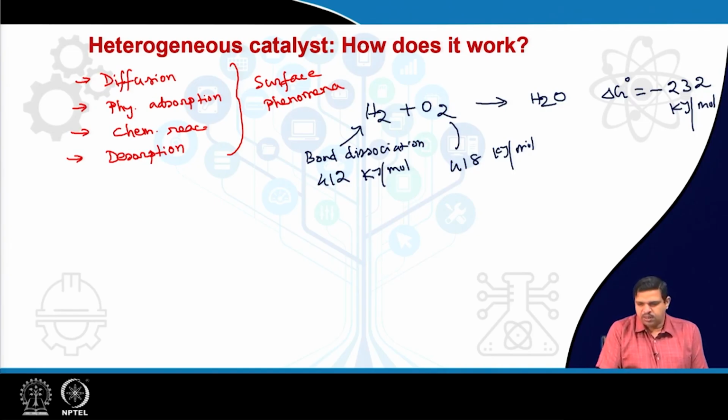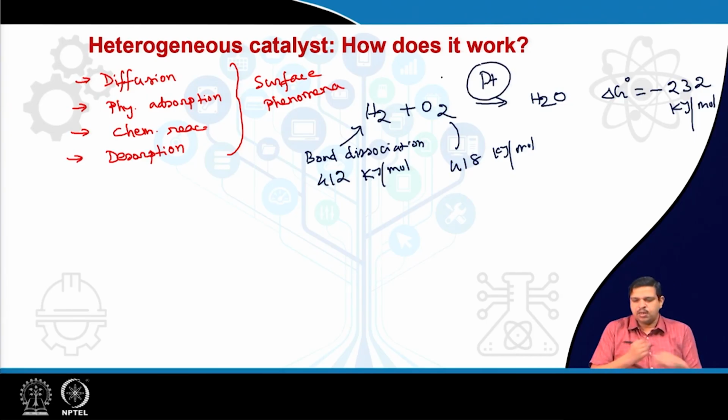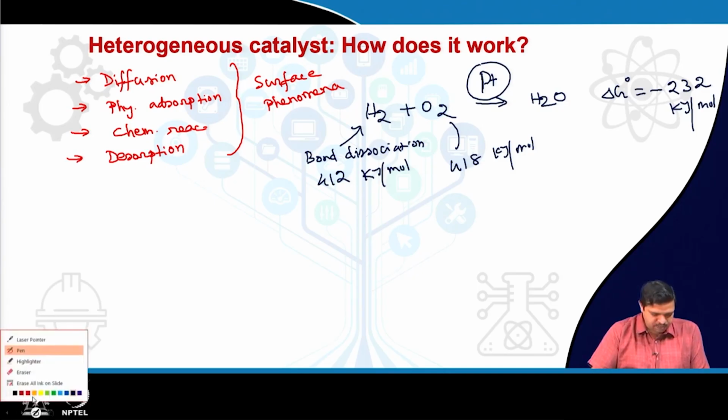But this reaction only happens in the presence of platinum gauze or platinum catalysts, heterogeneous catalysts. So, this is also one example of a heterogeneous catalytic system.